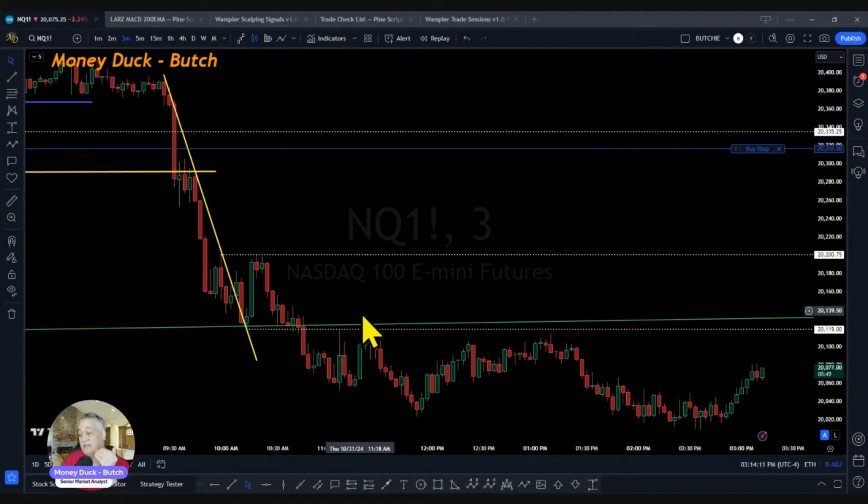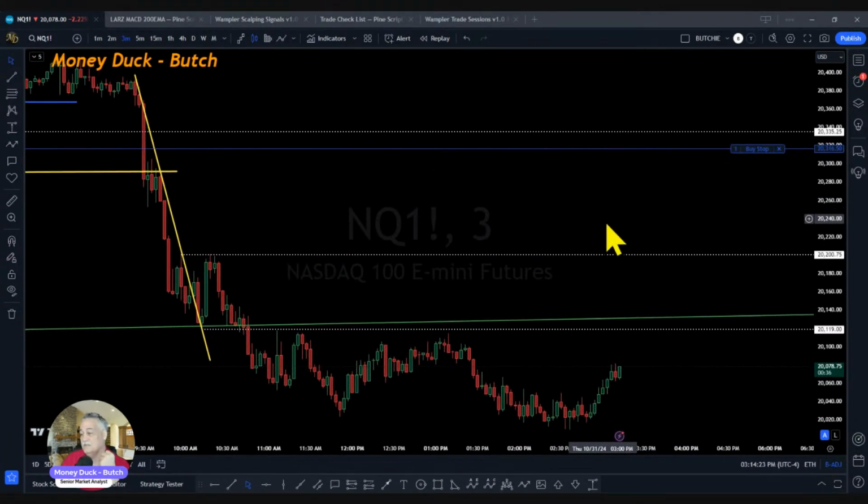His stop loss is down here somewhere. The next trader, his stop loss is down here right now. My stop is up here. Now I have to decide if I want to drag it down or not. And I think it's in a good position. I'm probably not going to sit through a huge pullback. We'll just have to see what the rest of today gives me on the trade.